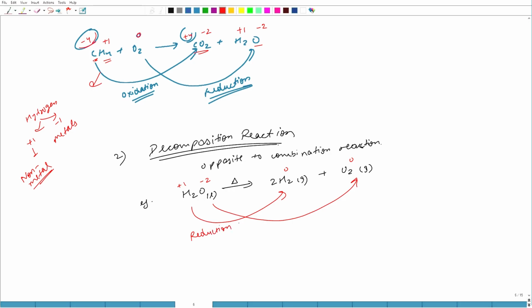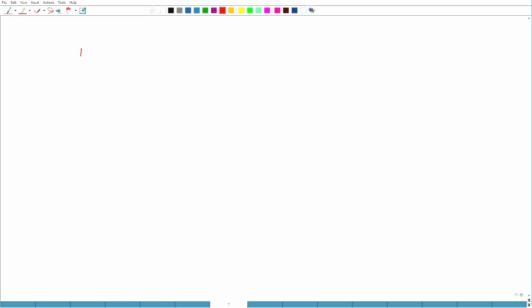For oxygen it is going from -2 to 0, an increase in oxidation number. Do not just see the magnitude, also see the plus and minus sign. This is oxidation.